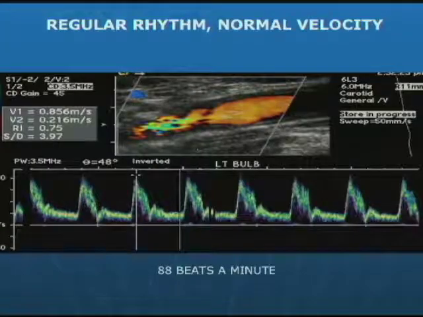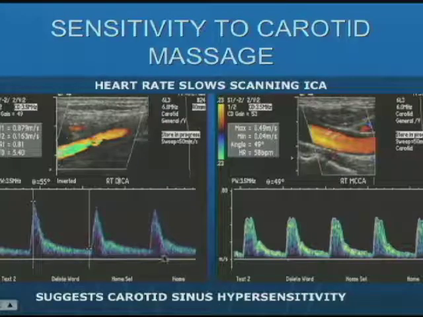Here is a nice example of just a normal bulb with regular rhythm and normal velocity. You see the first peak in systole is higher than the second peak. Keep in mind when doing carotid ultrasound that some patients have a great sensitivity to carotid massage up at the area of the bulb where the chemoreceptors exist.